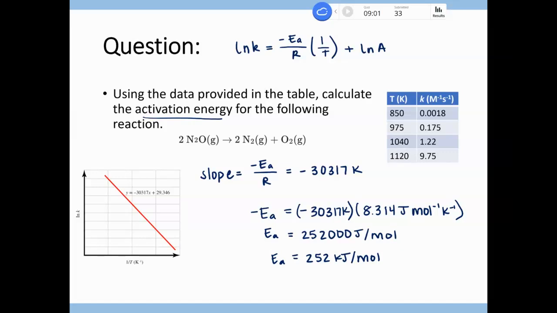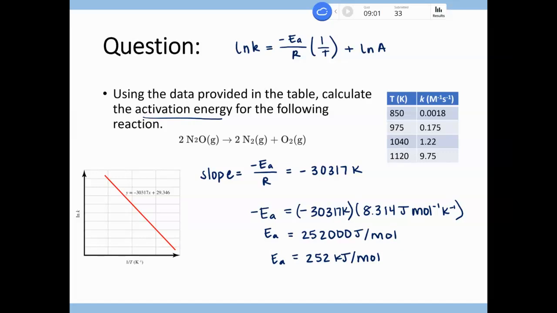So we can see an increased rate constant based on increased temperature. And when we're comparing how much that temperature increases versus how much that k value increases, we can determine what energy is required for the reaction to occur. And that's what the Arrhenius equation in general is relating for us.